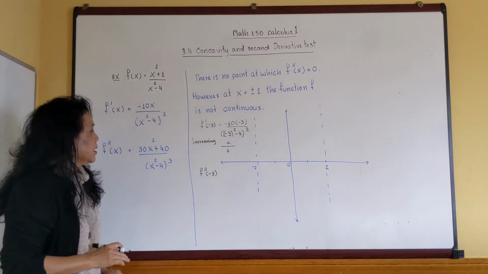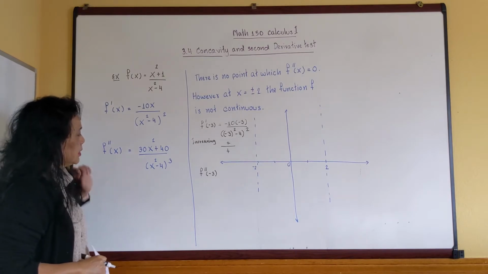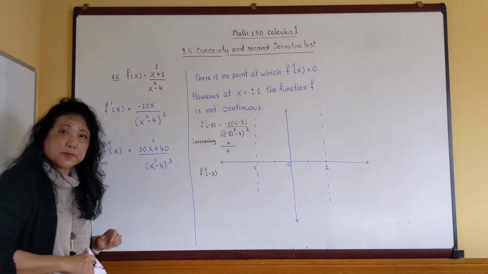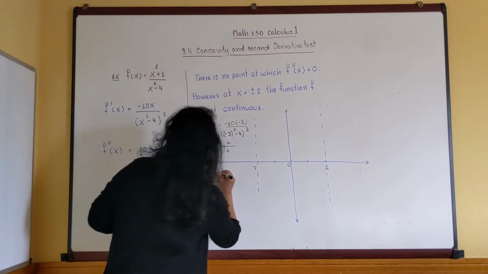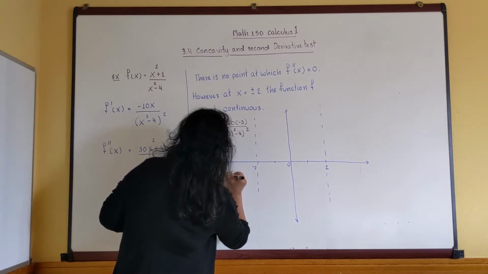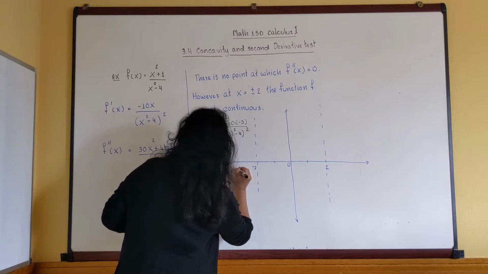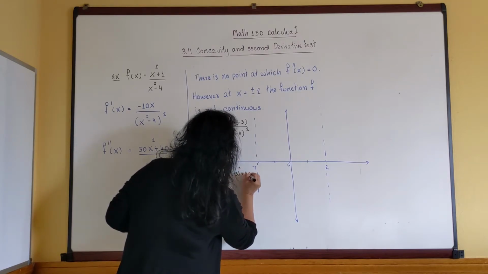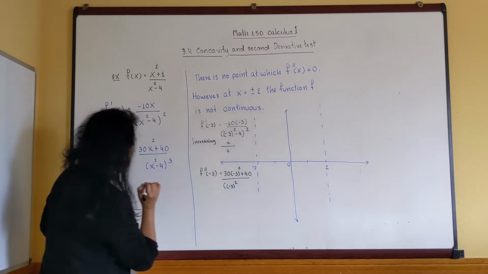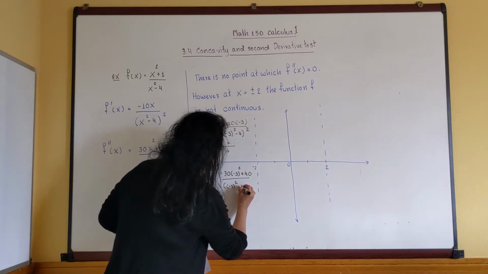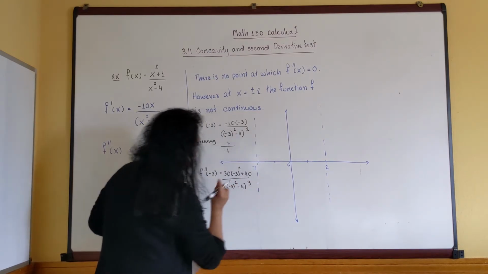Now let's look at the second derivative. I pick -3 as well. I'm going to have 30 times -3 squared plus 40 over -3 squared minus 4 quantity to the cube.